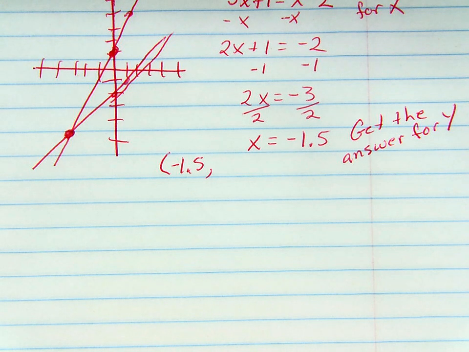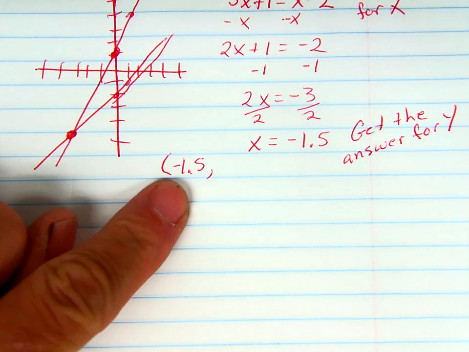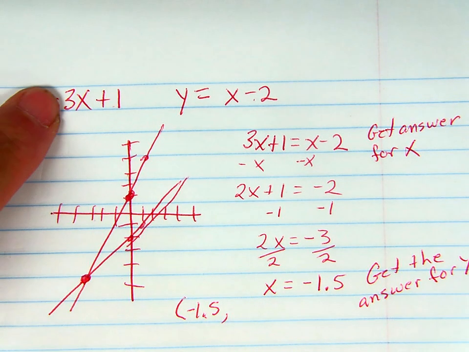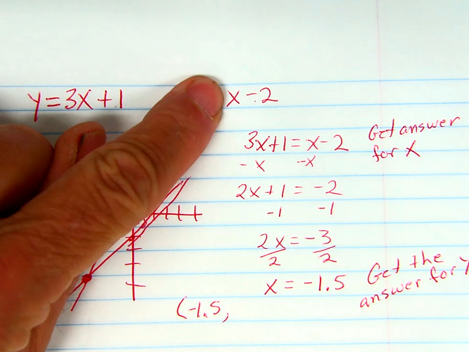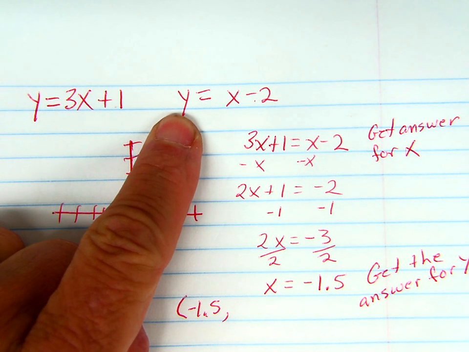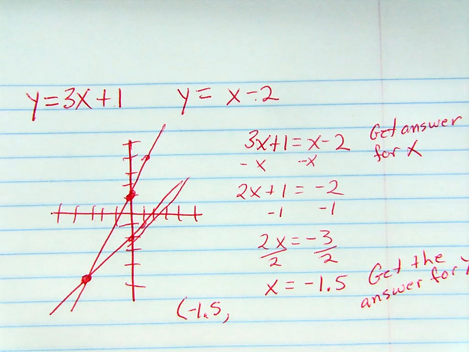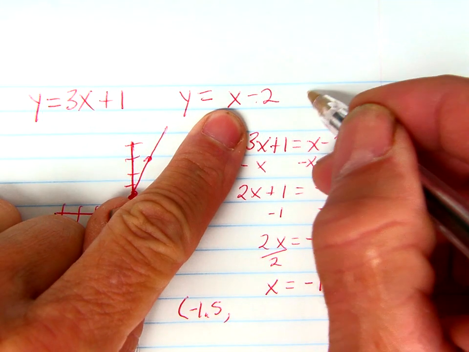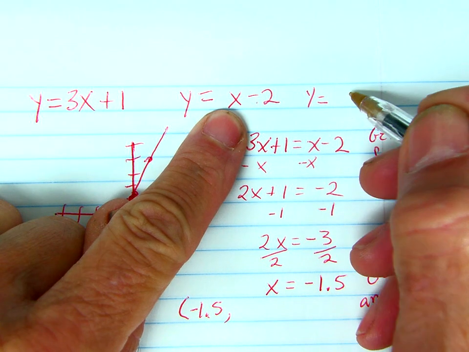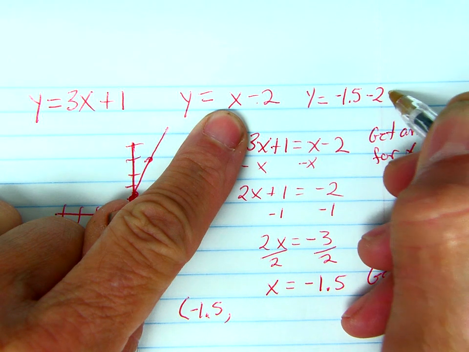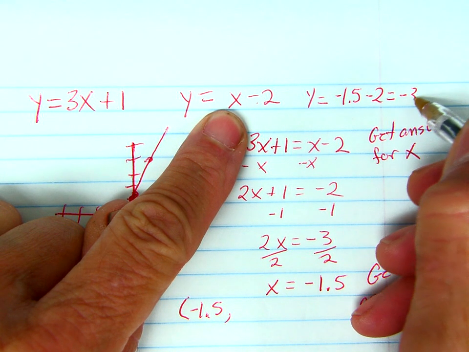Okay, how do we get the y? The y relies on you having a value for x. Now we've got a value for x. Now we're going to plug it into this one or this one to solve for y. You'll get the same answer no matter which one you plug it into. I think this one will probably be the easier one. So y equals, and instead of x, we're going to do negative 1.5 minus 2 equals negative 3.5.